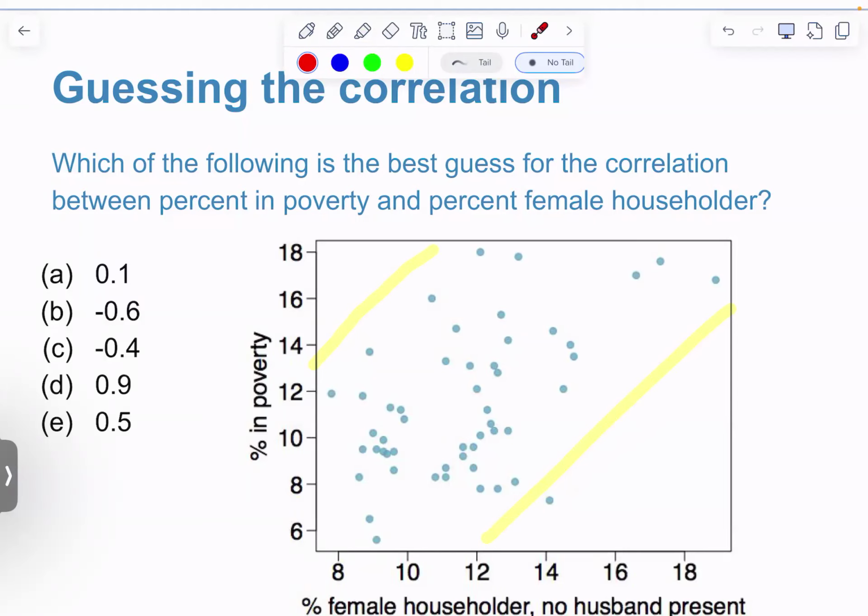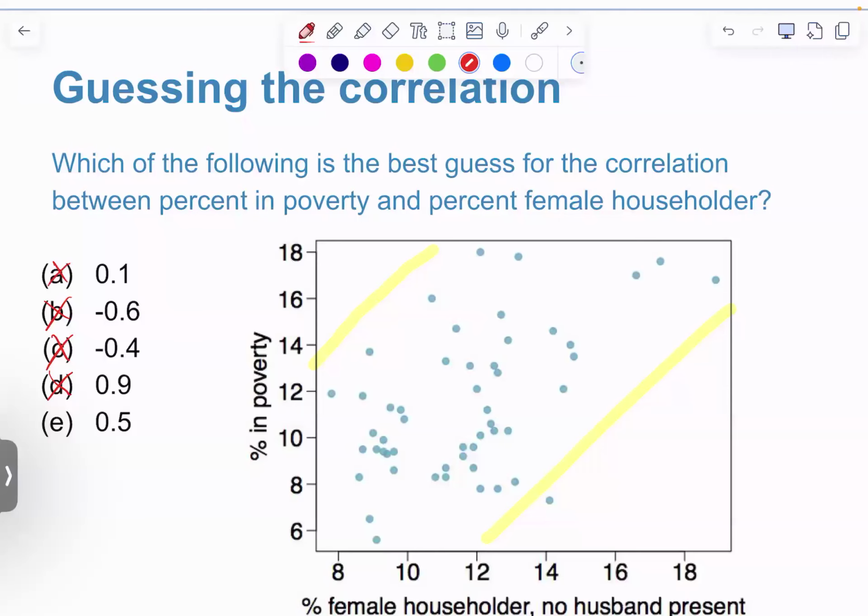And so if it's positive, right away I can eliminate some negative correlations. I know it can't be 0.9 because I had a hard time kind of mapping out this relationship, or at least a pattern. So I'm going to eliminate 0.9, but I also was able to pull out a pattern, so it can't be 0.1, right?